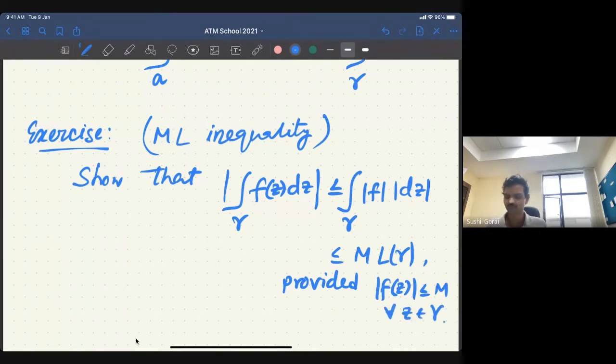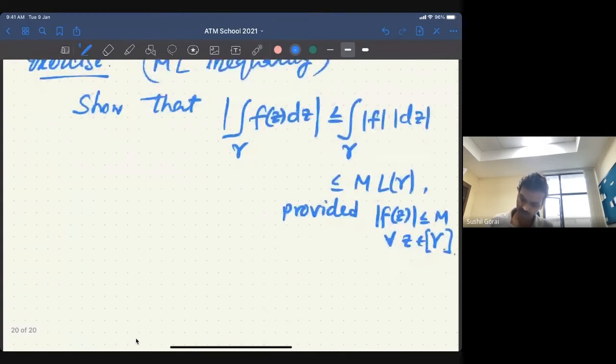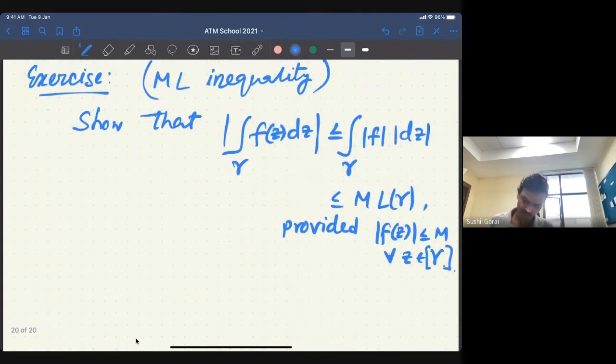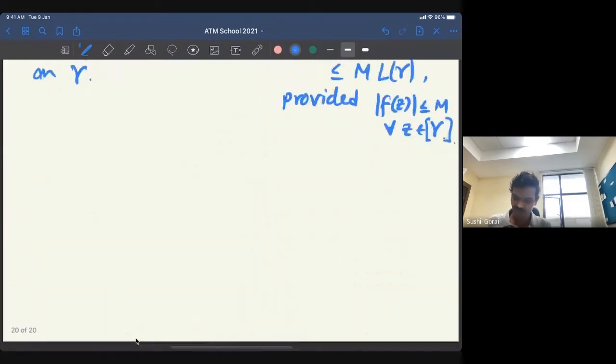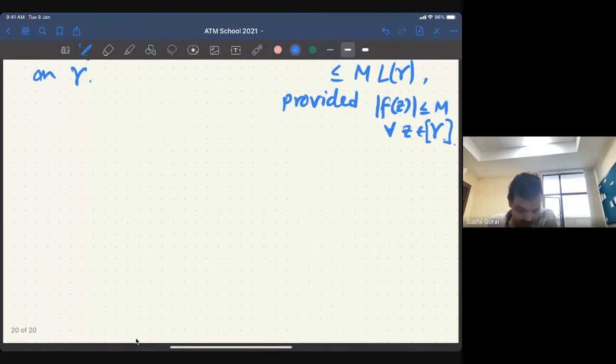Here gamma is the trace of gamma, and f is continuous on gamma. Okay, this is fine.